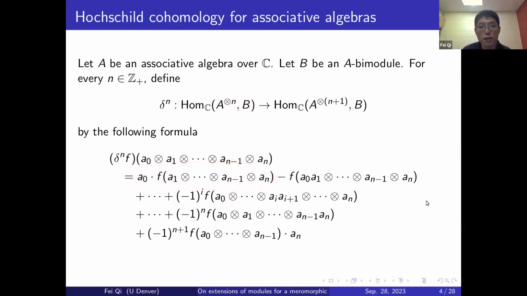Then for the next spot, I contract a_0 and a_1, because A is an associative algebra, so a_0 times a_1 is an element inside the algebra. Together with a_2 all the way up to a_n, I have n elements over here.